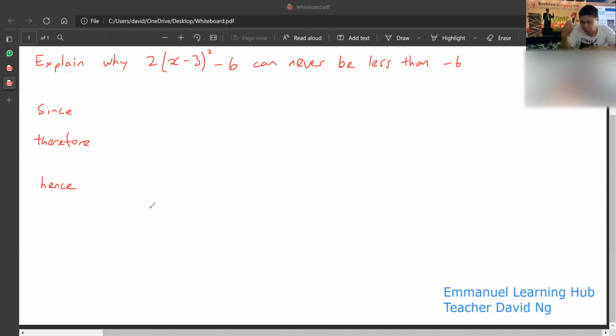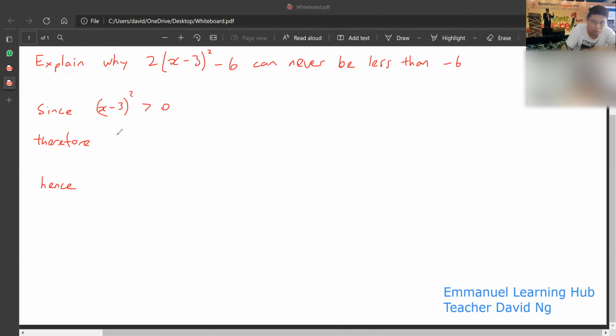Okay, just now your mathematical reason you give me is this fella x minus 3 bracket square, right? Then your reason is correct. This is the reason you give, right? Yeah. So you can use this as a reason. Since x minus 3 in a bracket is square is greater than 0, right?